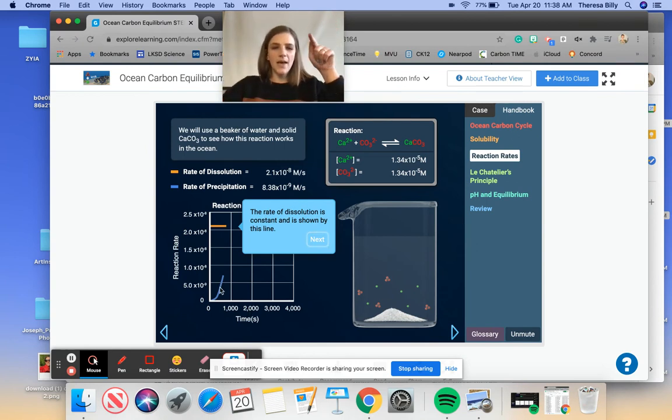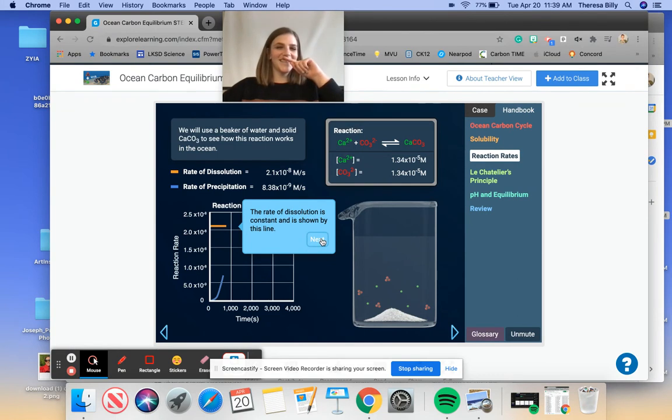But notice what's starting to happen to that rate of precipitation, which means the reverse reaction, or I guess according to this one, in the forward direction, taking those ions and turning them into calcium carbonate. So as we're producing ions in the water with this orange line, we're then taking them and running the reaction backwards, and we're creating the solid calcium carbonate. And that's happening more and more frequently as we're producing more and more of those calcium and carbonate ions.